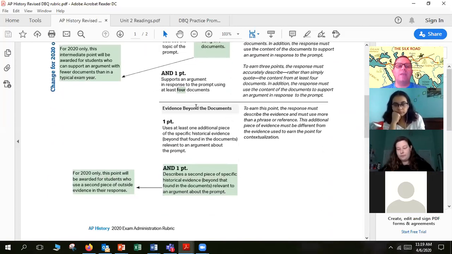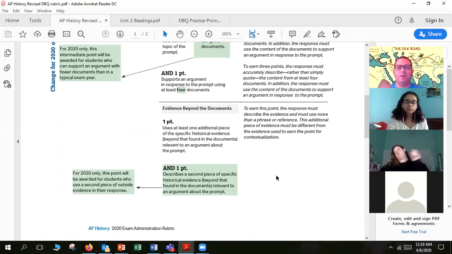Then for evidence beyond the documents, this increased from 1 point to 2. If you use 1 piece of evidence that's not in any of the documents, you get 1 point. If you use 2 pieces of evidence that's not within the documents, you can get 2 points now. So 2 pieces of outside evidence, you earn 2 points.